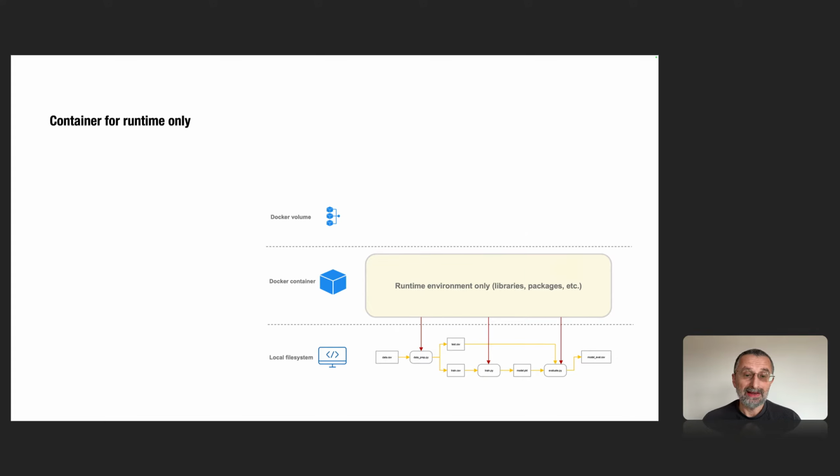Now, next step. This is a very typical usage of Docker. There is no file sync. The Docker container provides us only with the runtime environment. So libraries, packages, pandas, scikit-learn, torch, whatever we need for our computing is within the Docker container.